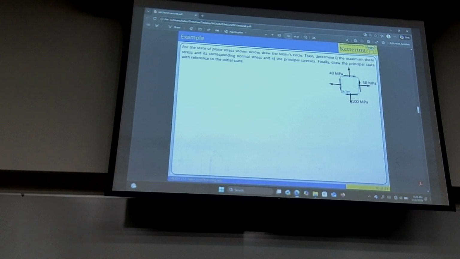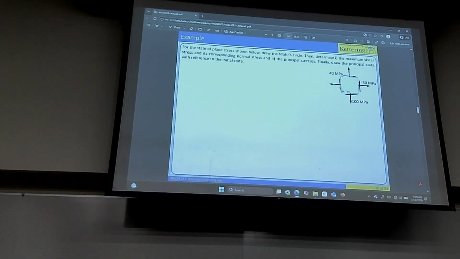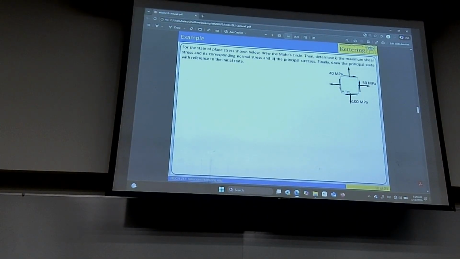Then, Reagan, please give us the equation for tau max. Tau max is the square root of (sigma x minus sigma y) over 2 squared plus tau xy squared.